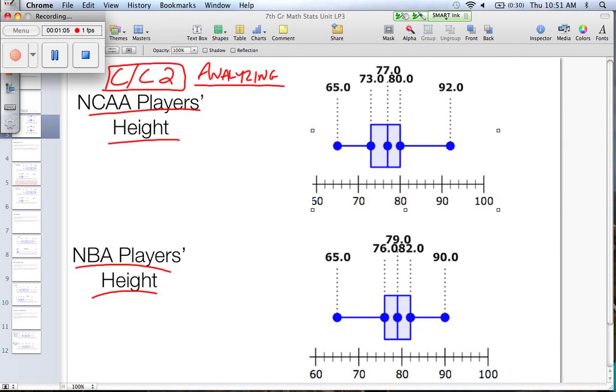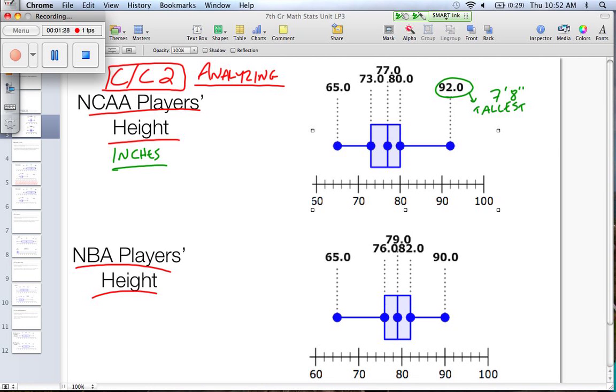So here, 92, that's the upper extreme, right? So that's the tallest player. These are all in inches, by the way. Now, 92 inches, that is 7'8". A large man.